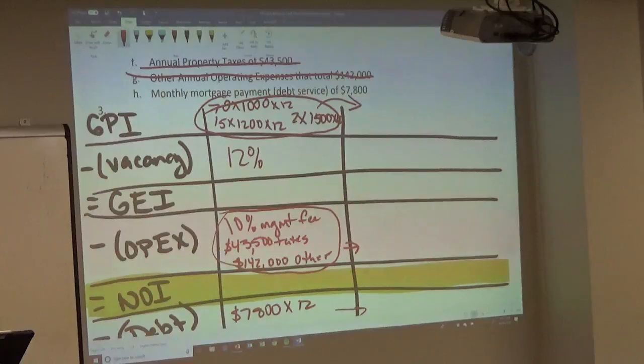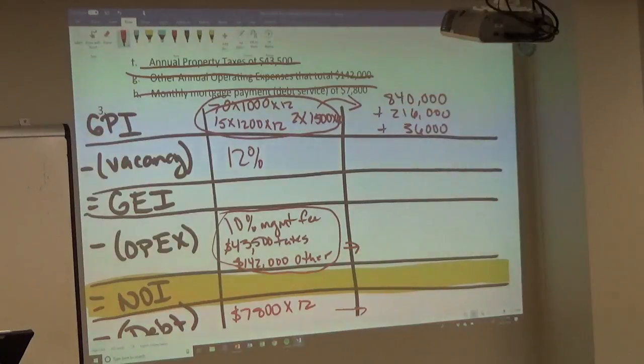So let's look at gross potential income. We've got gross potential income of 70 times 1,000 times 12. That's $840,000, but we're not done because that's just on those units. So we've got plus 15 units times $1,200 a month times 12 months is $216,000, plus 2 units times $1,500 a month times 12 equals $36,000.